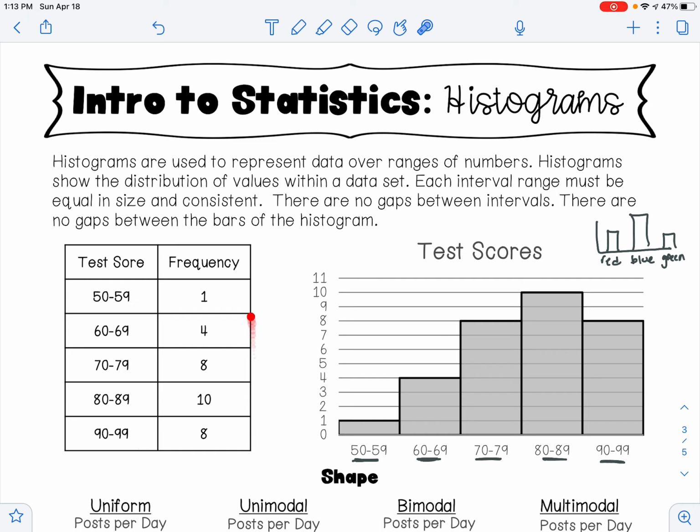This data in this frequency table is displayed in this histogram over here. And so we can see each of those intervals displayed. So we said from 50 to 59 there was 1. This one goes up to 4. This one goes up to 8, 10, and 8. So this is what a histogram looks like.